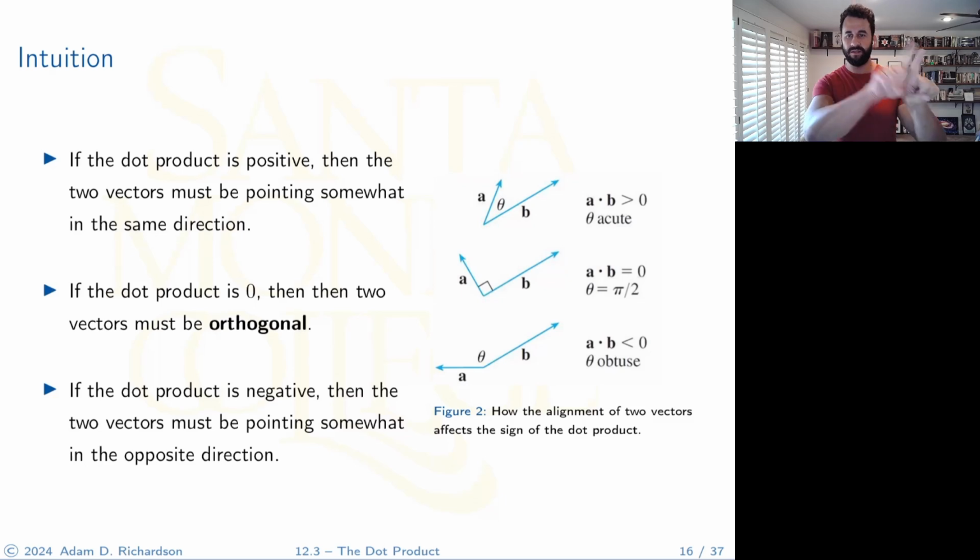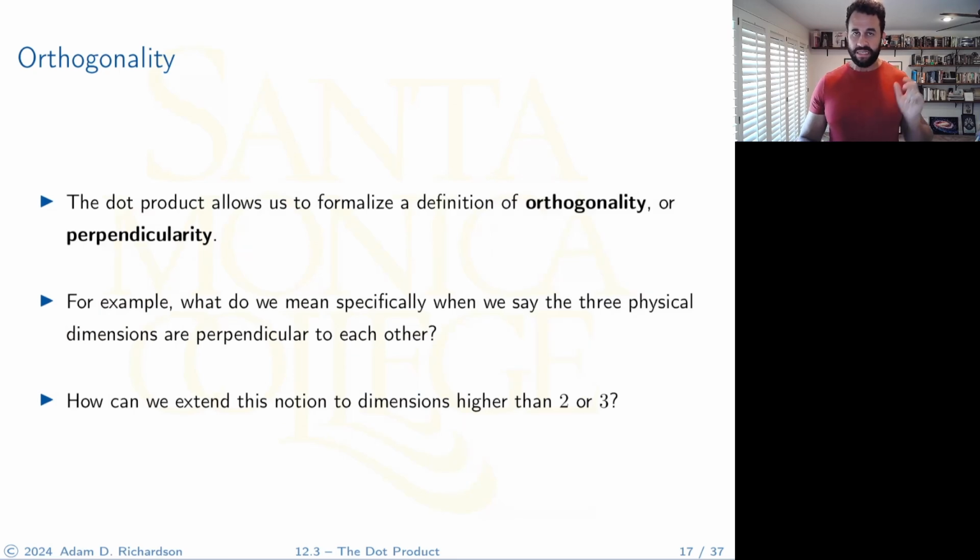Positive dot product, roughly the same direction up to 90 degrees. If they're 90 degrees, dot product is 0. If the dot product is negative, they're kind of pointing opposite of each other, to some degree. How much of a degree? That's determined entirely by the angle between them and the cosine of that angle. That's the big idea.